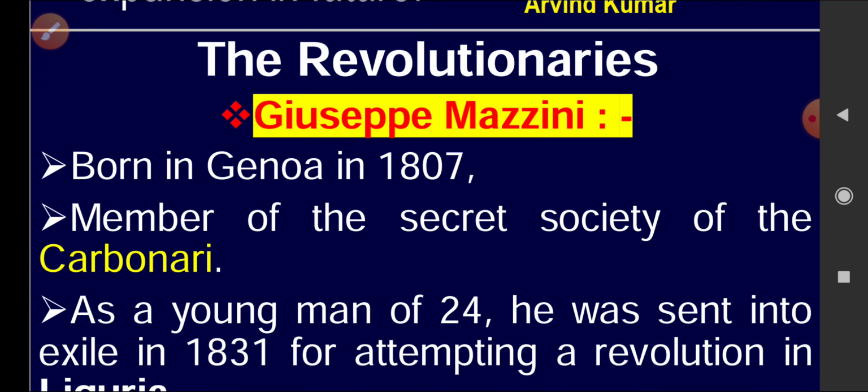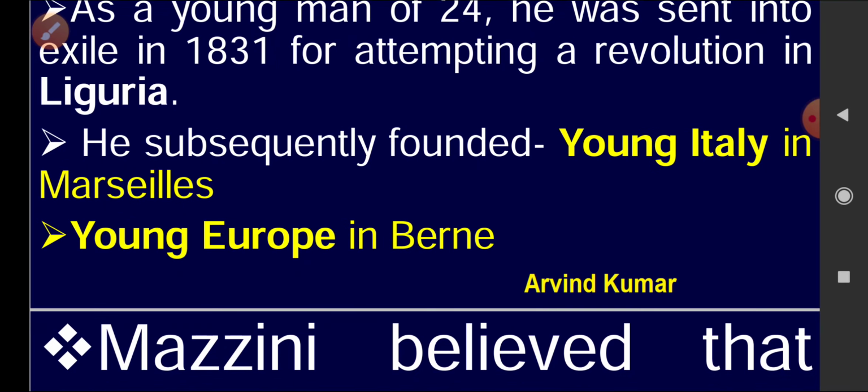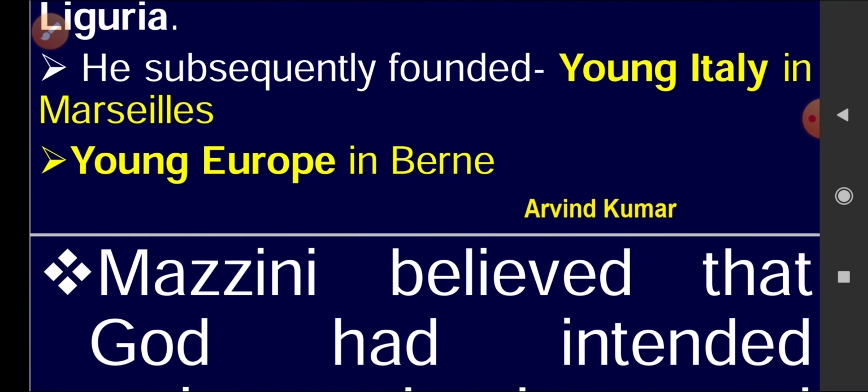Later on, he founded two other secret societies, one Young Italy in Marseilles, and Young Europe, another secret society, the third one in Bern.